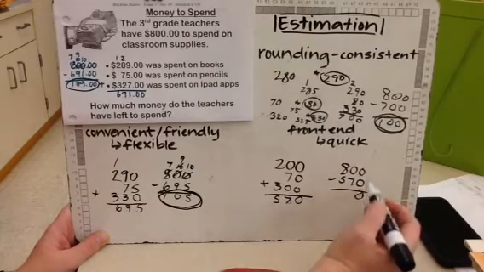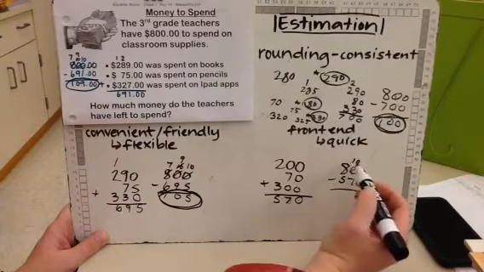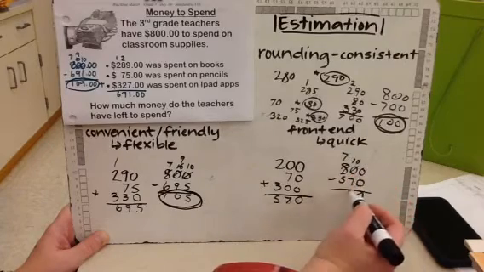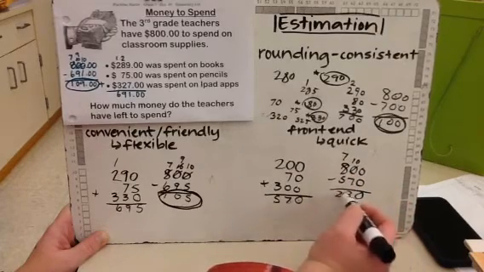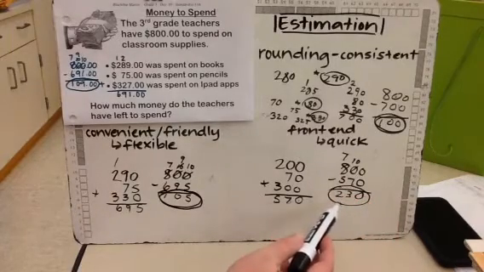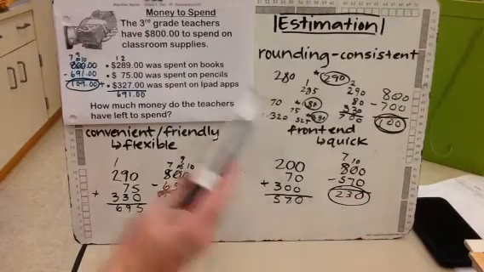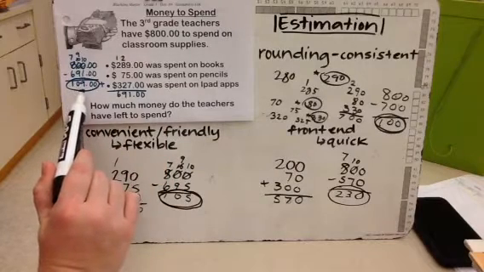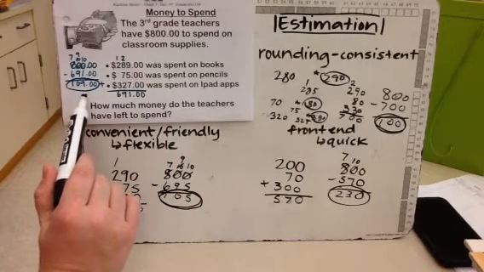So here, all right, let me ungroup a little bit here. So my front-end estimation is showing me that I have about $230 left to spend, which is not reasonable. It is not even close to the actual amount.